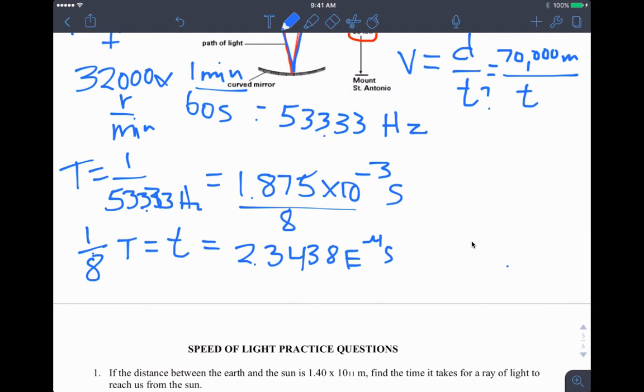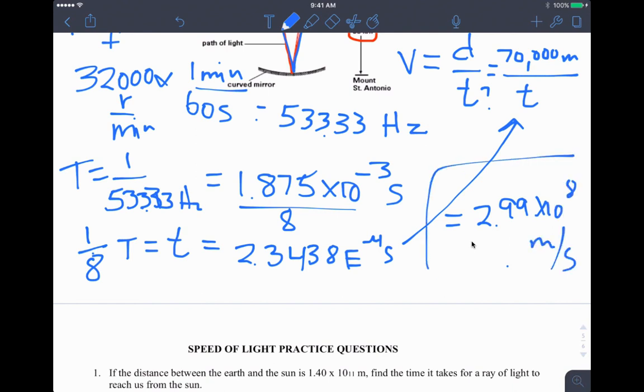That time goes up here. And we can now calculate the speed of light based on our calculations. So if you go 70,000 divided by that time, we actually get 2.99 times 10 to the 8th meters per second. And this is exactly what Michelson figured out and how he calculated that.